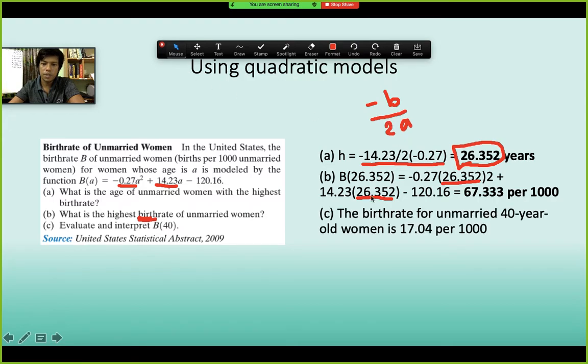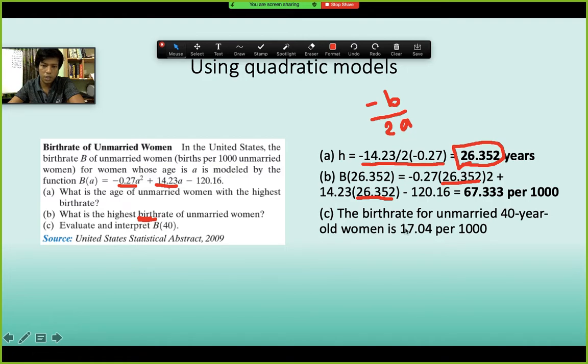And the last question is this: the birth rate for unmarried 40-year-old women is 17.04 per thousand. How do we know that? Evaluate and interpret B of 40. That means we have to put 40 instead of A. B of 40, it is B of A, so the A value is 40.